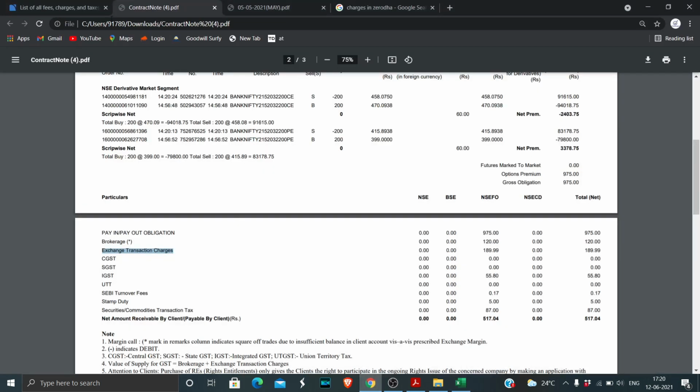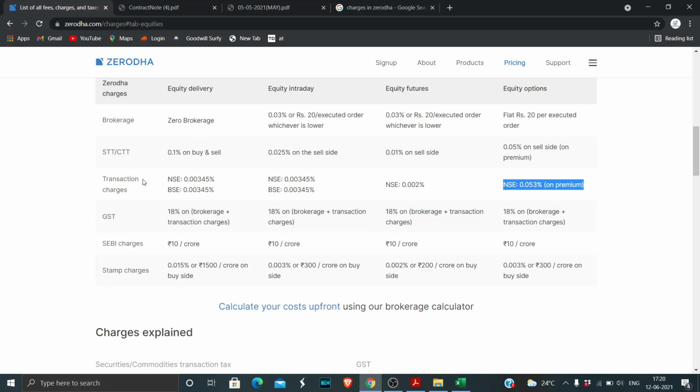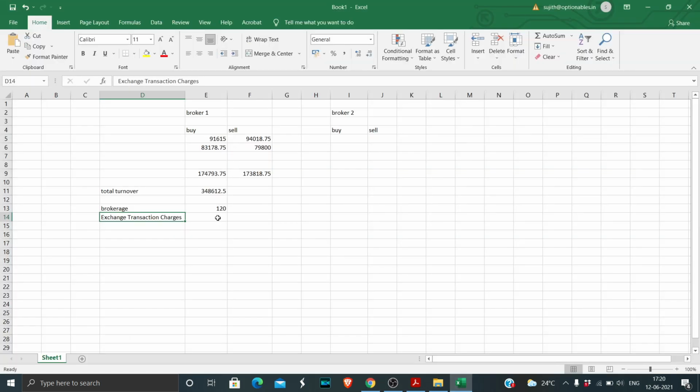So how do we calculate the exchange transaction charge? It is simple. It is 0.053% of the premium. The broker we are trading with charges around 0.0545, which turns out to be 5,450, so 150 rupees or 100 rupees extra. That is what they charge.